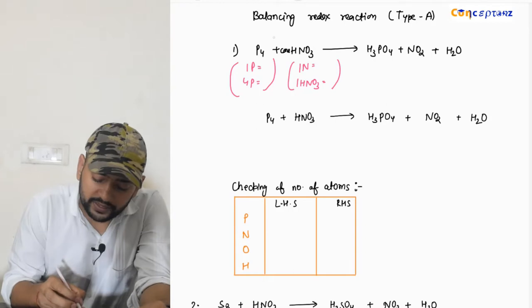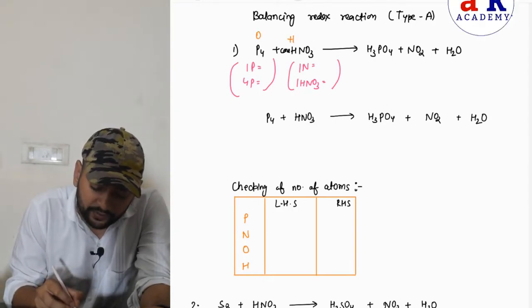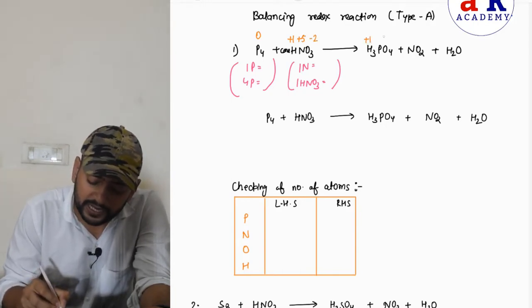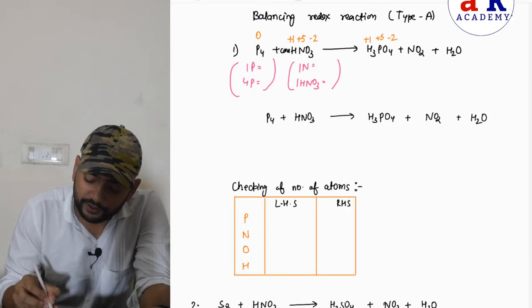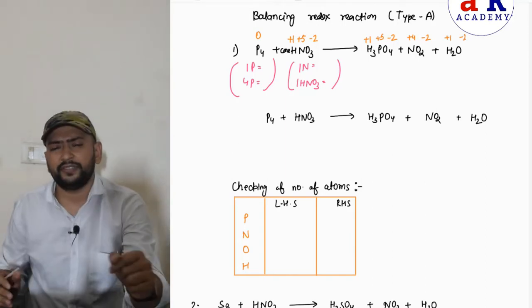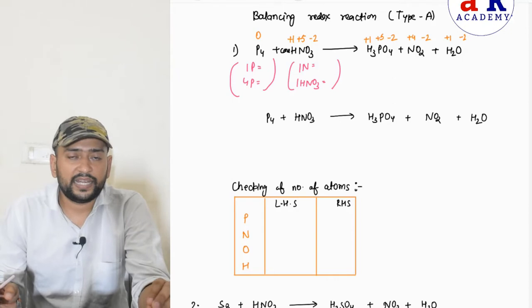For phosphorus it is 0 over here, for hydrogen it is plus 1, for nitrogen it is plus 5, for oxygen it is minus 2, and again here for hydrogen it is plus 1, for phosphorus it is going to be plus 5, for oxygen it is minus 2, for nitrogen again plus 4, for oxygen minus 2, and for hydrogen plus 1 and minus 2. So this is the oxidation number of each and every atom.